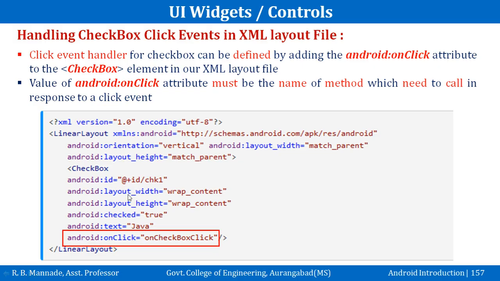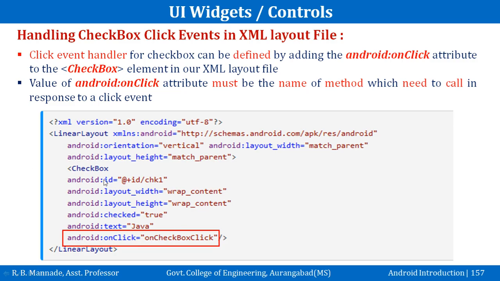Okay. So this typical code snippet shows you how to create a click event of checkbox in the XML layout file using the android:onClick attribute. Okay, and there is a simple linear layout. This is the starting of the layout and this is the ending of the layout. Then within this linear layout, one checkbox control is there.